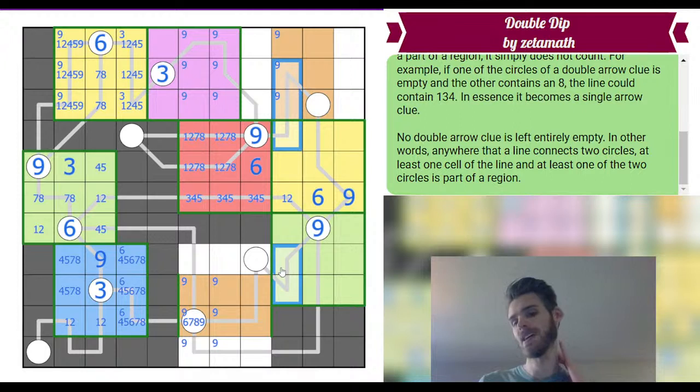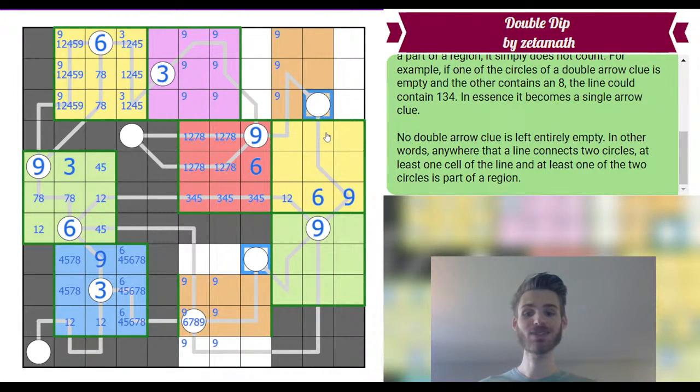Minus 9 is 10. Minus 9 again is 1. So these two sum to a maximum of 1. Wow. Really, really effective there. What a deduction.